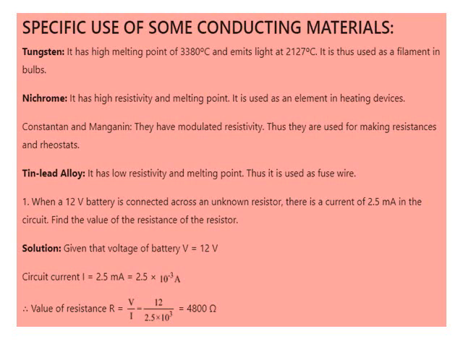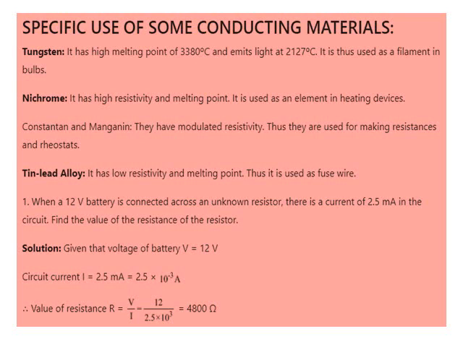Nichrome has high resistivity and melting point, so it is used as an element in heating devices. Constantan and manganin have moderate resistivity, thus they are used for making resistances and rheostats. Tin alloys have low resistivity and melting point, thus they are used for fuse wires.